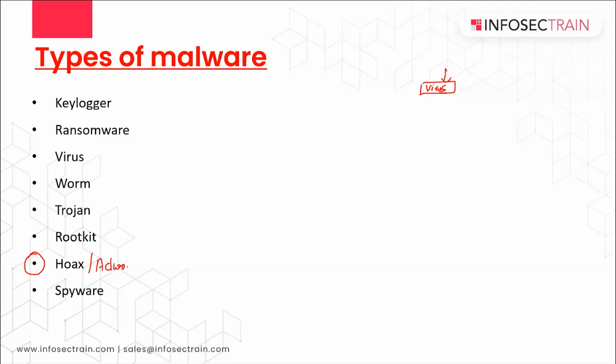So there are two brothers. One is adware and another is spyware. With adware, you might have seen a lot of ads popping up. I remember very specifically when we were moving from 2G to 3G. Earlier, 2G did not have a good speed.